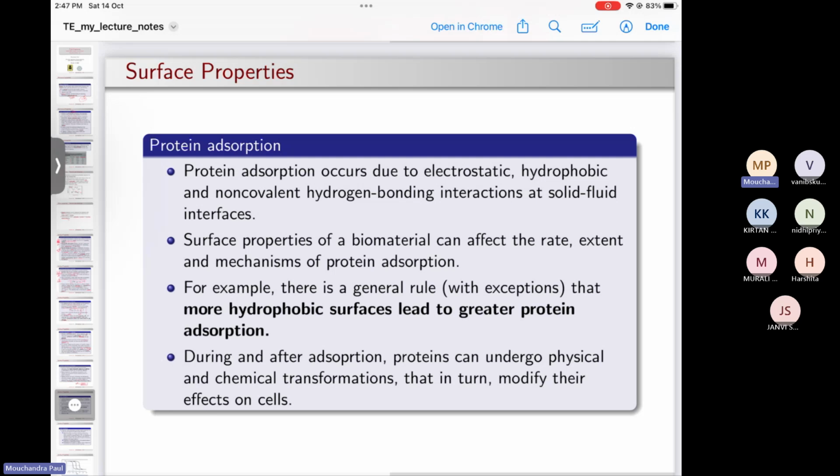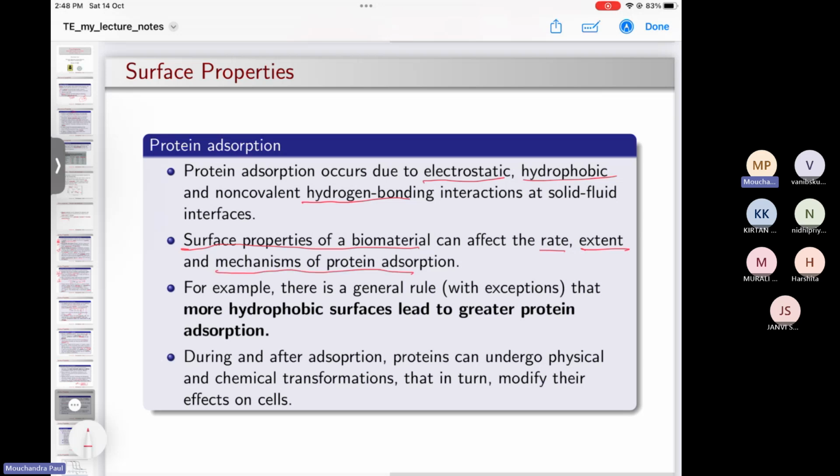Protein can adsorb either through electrostatic interaction, hydrophobic interactions, or hydrogen bonding, or all three can contribute to adsorption of the protein on the solid biomaterial surface. The surface properties of the biomaterial can affect the rate of protein adsorption, how much protein is adsorbed on the surface, and what mechanism is followed.